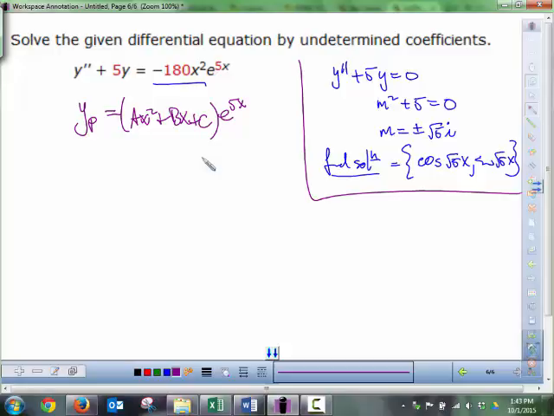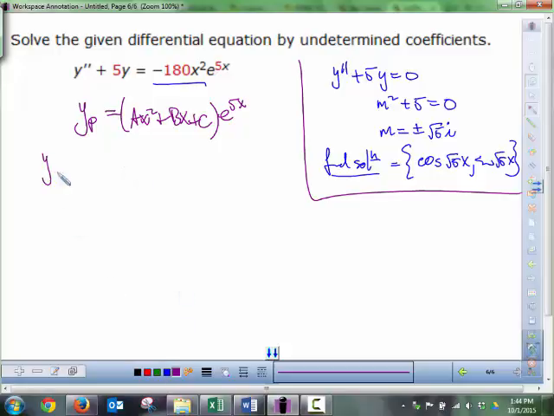Now I really want to use Mathematica because I have to take two derivatives, and that's going to involve a product rule and blah, blah, blah. But I have to show you this is doable by hand, right? So let's do it by hand. I don't have a first derivative, but I do have a second derivative, so I still need to take the derivative to get to the second derivative.